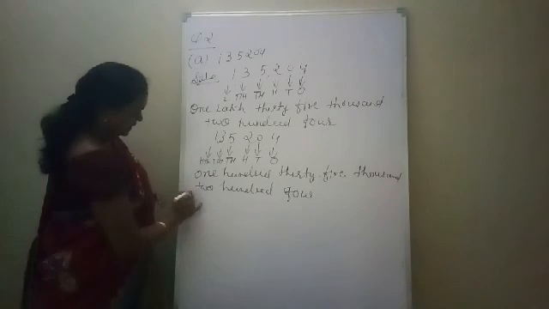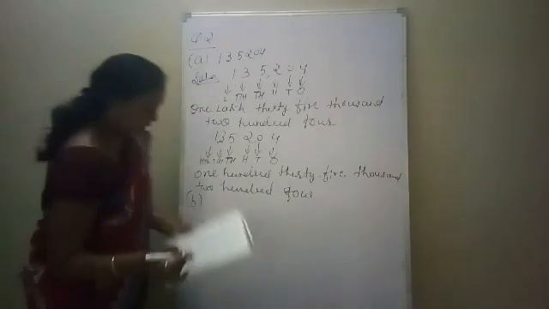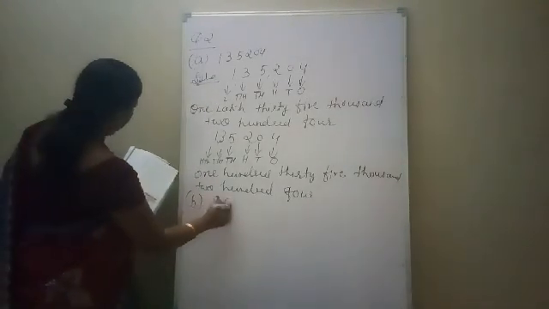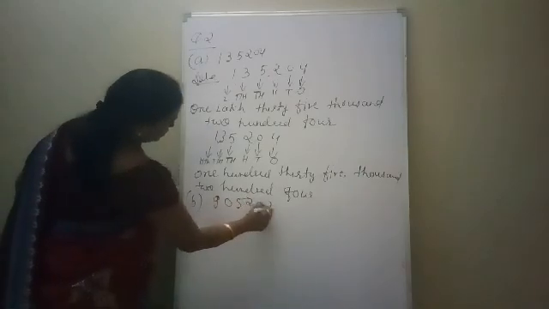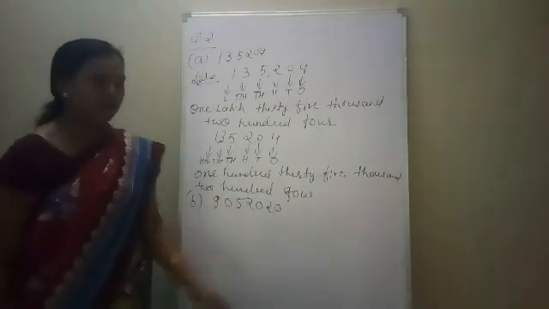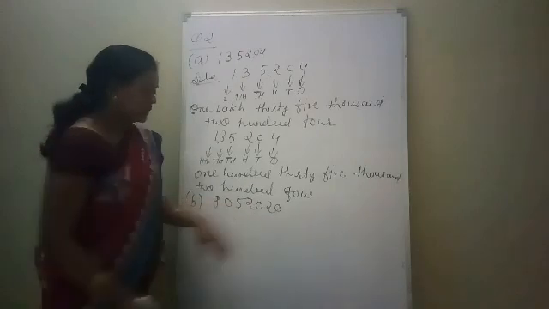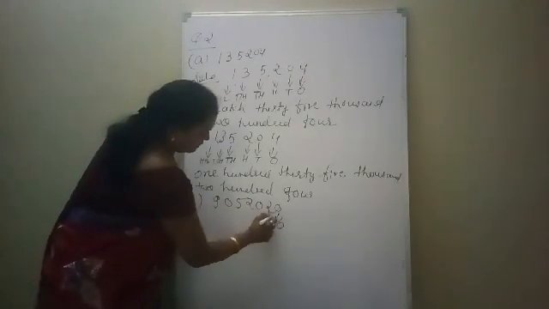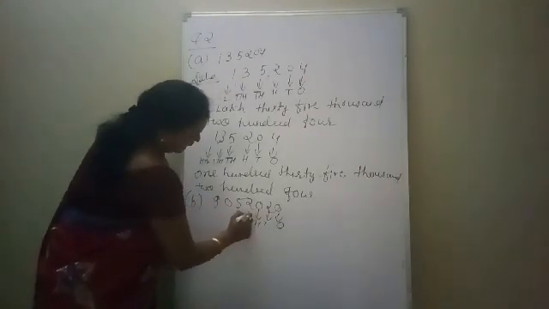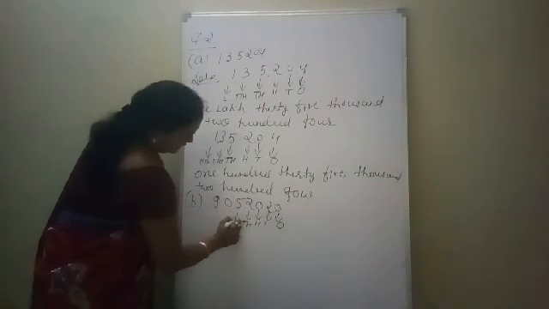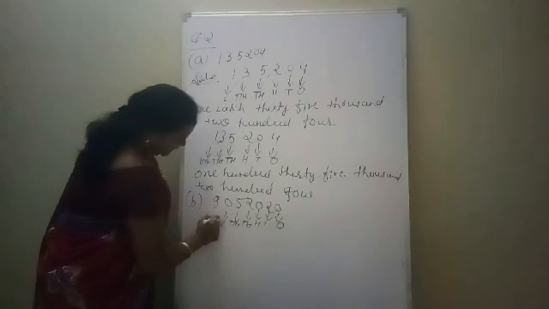In the B part, there is a number, 9052020. When we solve the B part, we have ones, tens, hundreds, thousands, ten thousands, lakh and 10 lakh.